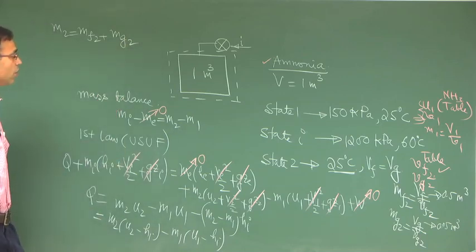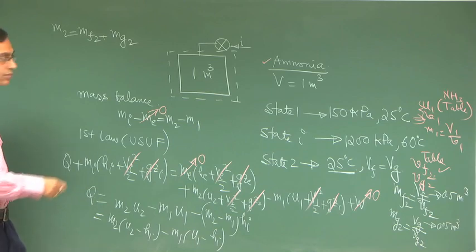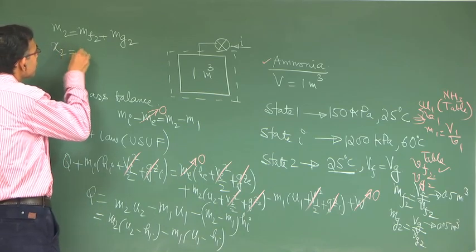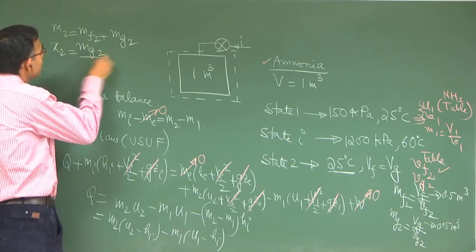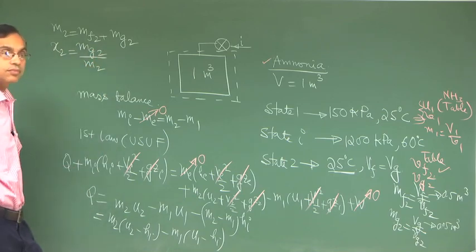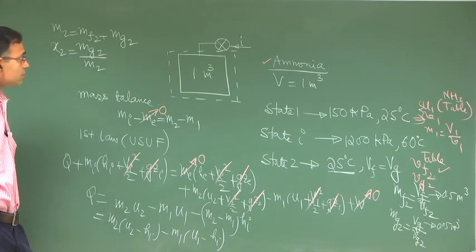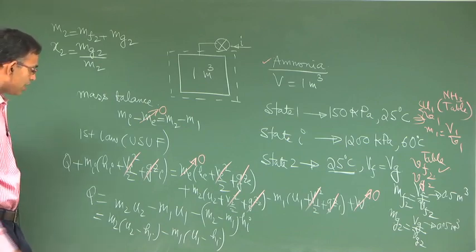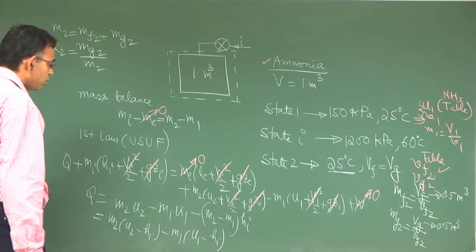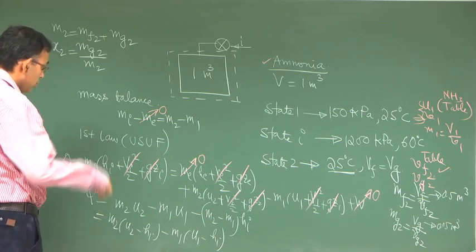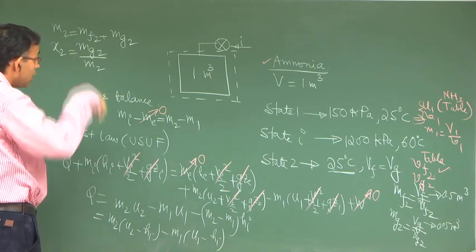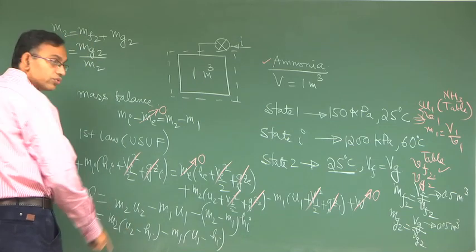Right. Not only that, you can find out what is the quality at state 2. What is that? Mass of vapor by total mass, right. Why do you require quality? You require quality because you have to know what is U2.